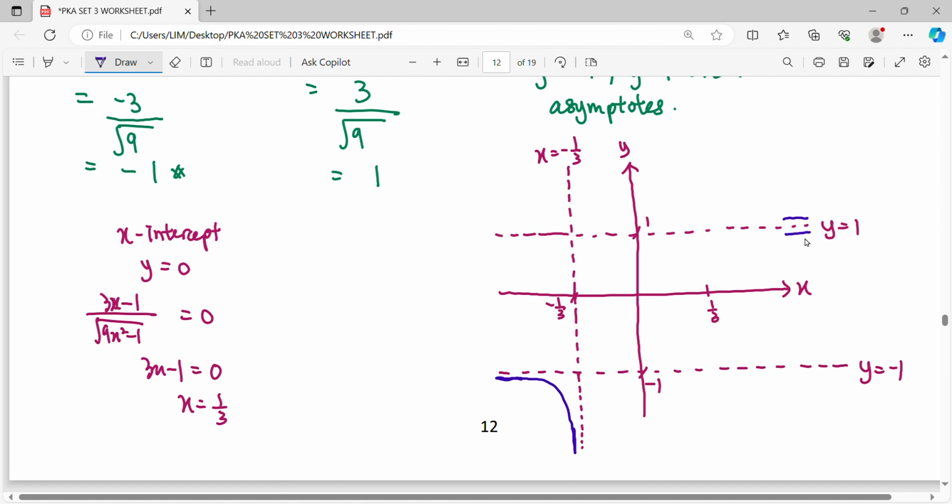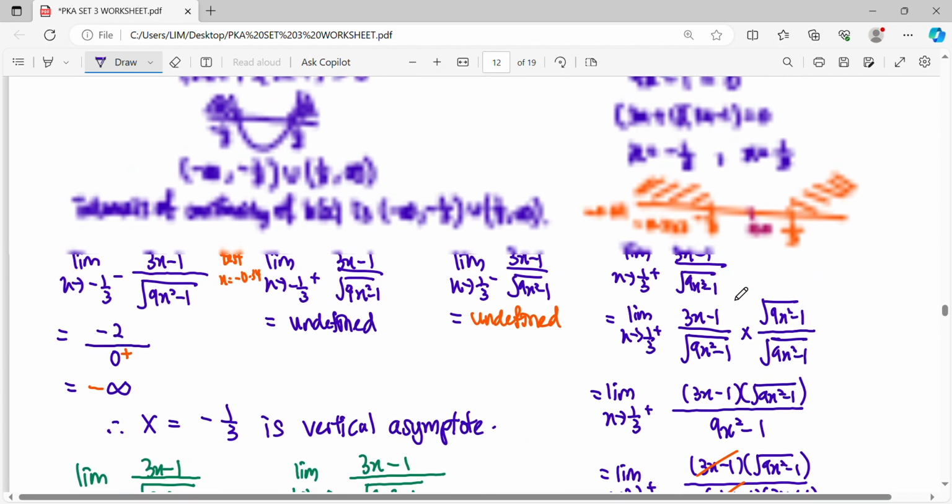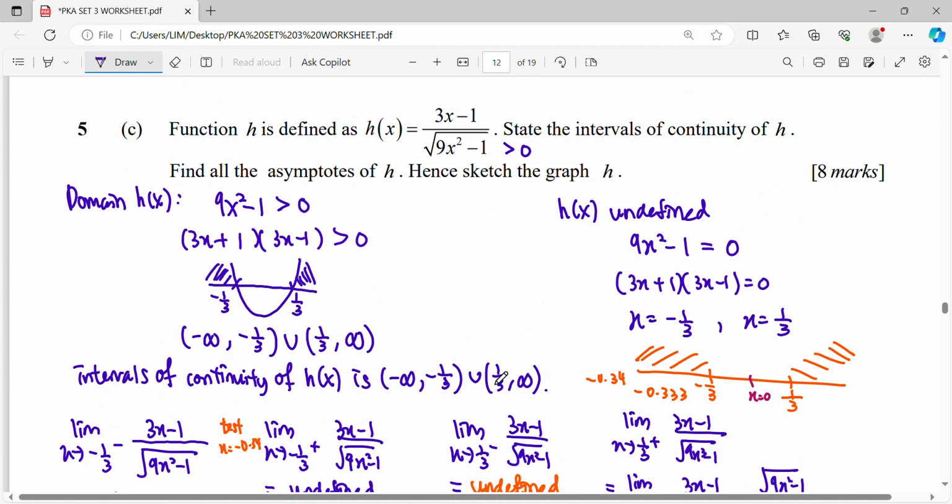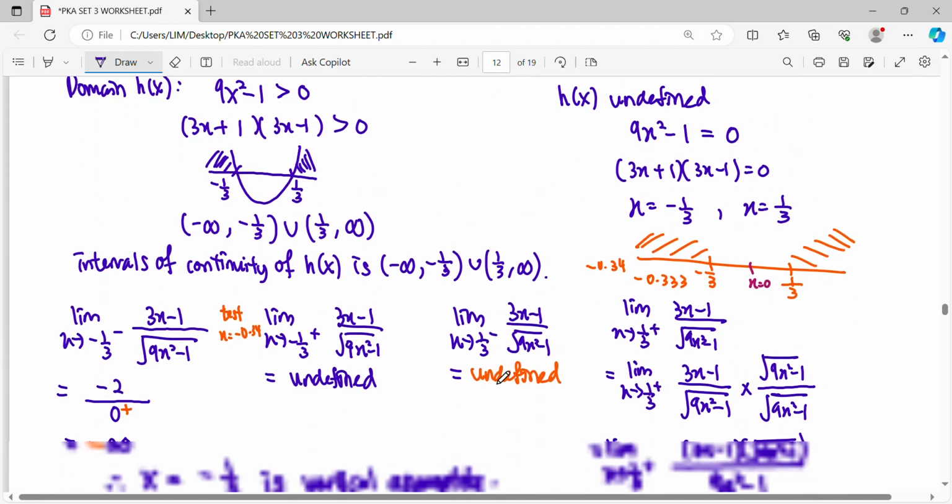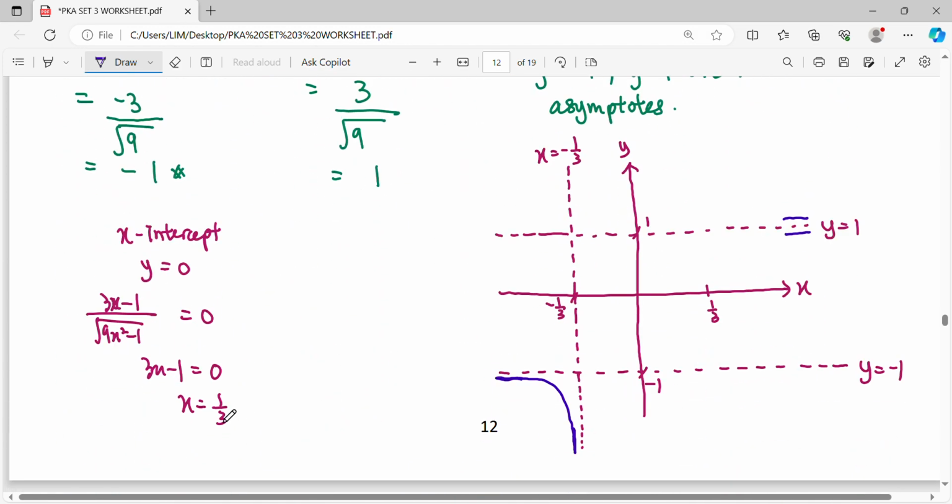Right? Okay. So what happened to our intercept? Intercept also happened at 1 over 3. So 1 over 3 included or not? Our function domain starts after 1 over 3. Your intercept at 1 over 3.